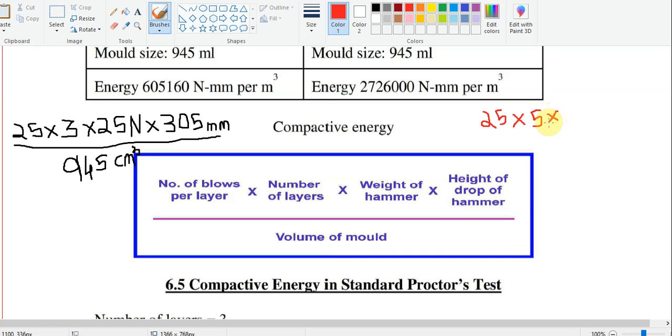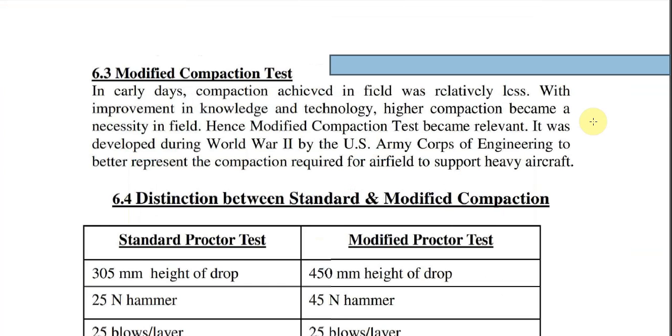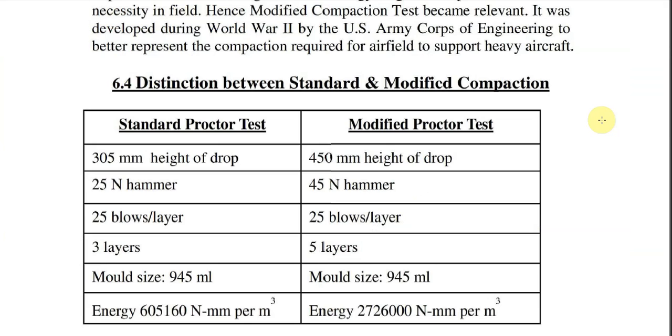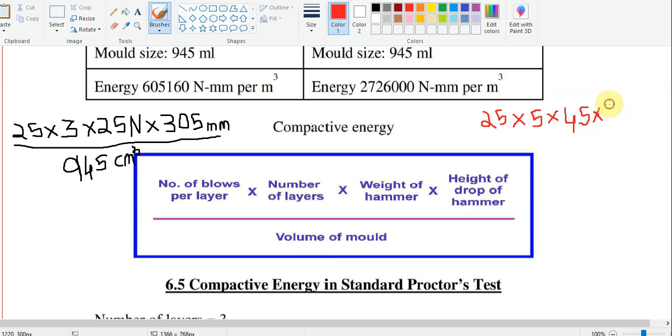In modified Proctor test, the weight of rammer is 45 Newton, and the height from which it is dropped is 450 mm.